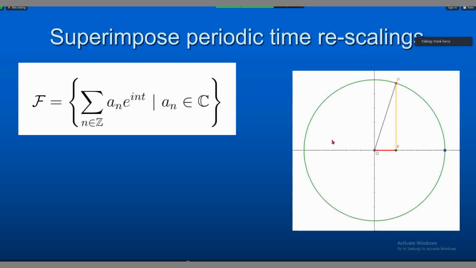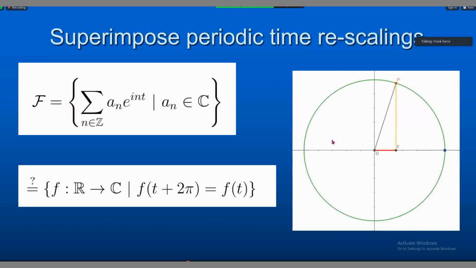So this is a set of functions that someone can make. I think of it as the totality of things I can cook with my recipes. I have these ingredients to add, and this is the totality of things that I could create by combining those ingredients.